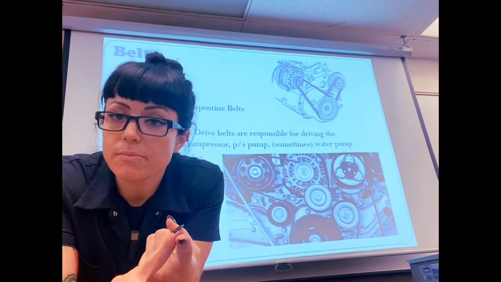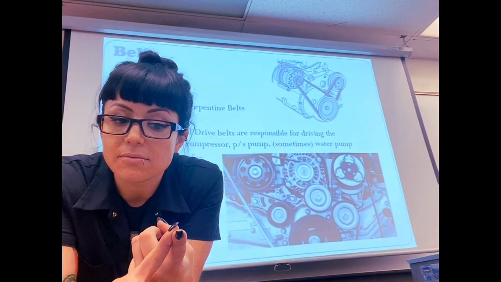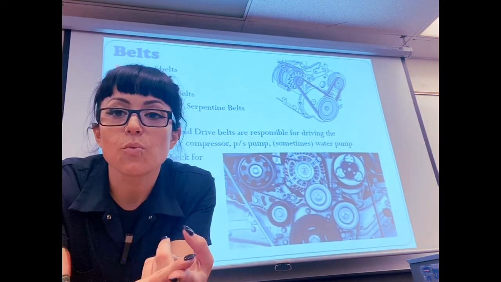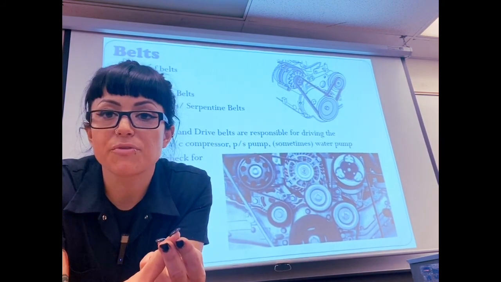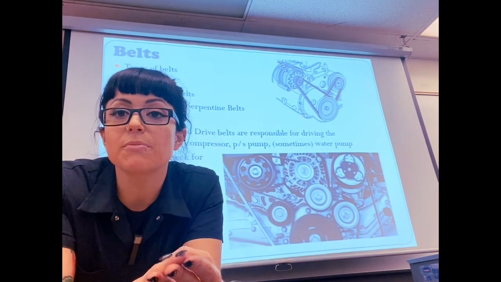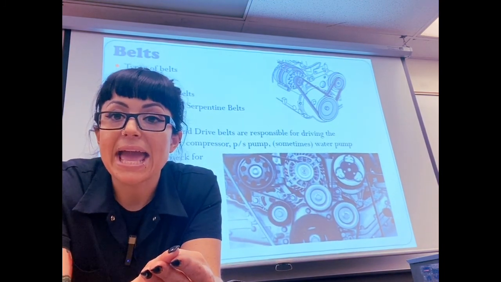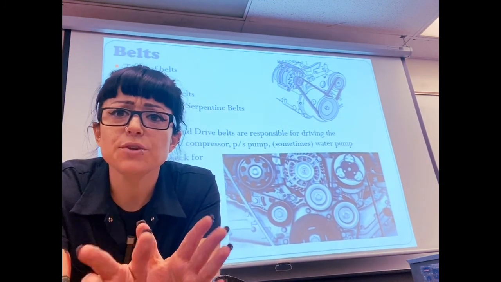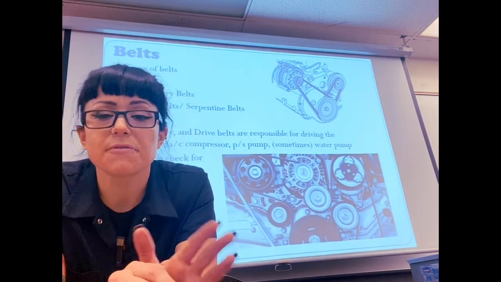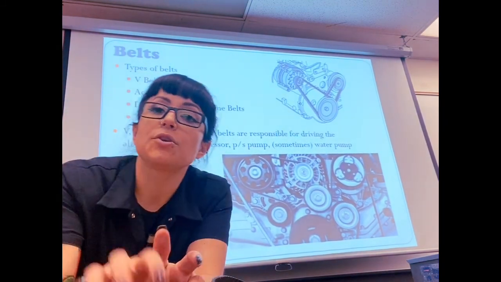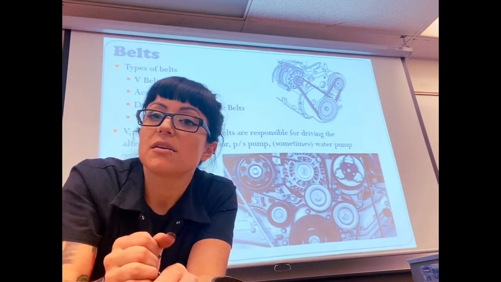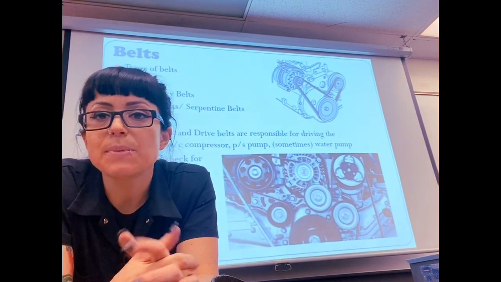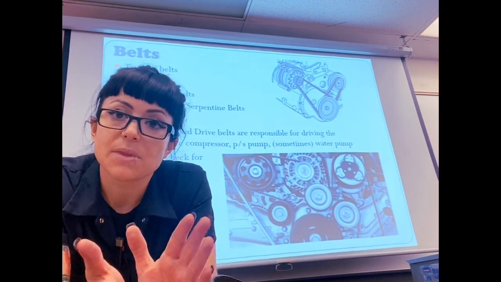I've got one belt for my air conditioning, one belt for my power steering, one belt for my alternator. Each of those belts is going to turn off of the crank pulley on the bottom, and they're going to turn what their accessory is. That would be an accessory system.